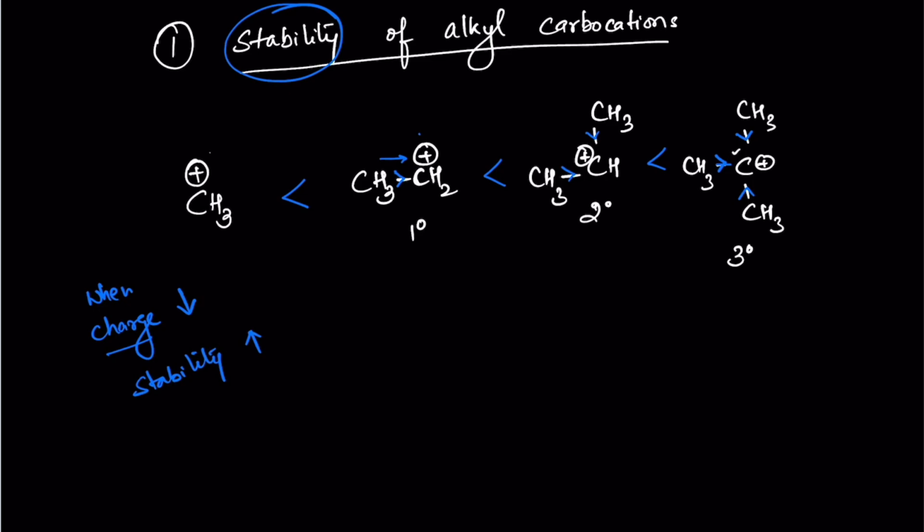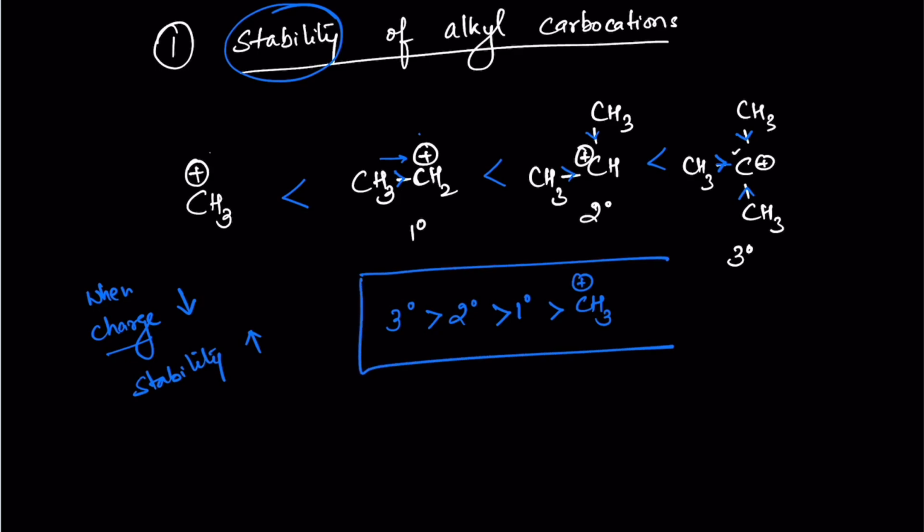So the general rule in alkyl carbocations is 3 degree is more stable than 2 degree, which is more stable than 1 degree, which is more stable than CH3+, the methyl carbocation. Okay, but don't remember this as a rule. Remember that when charge decreases, stability increases.